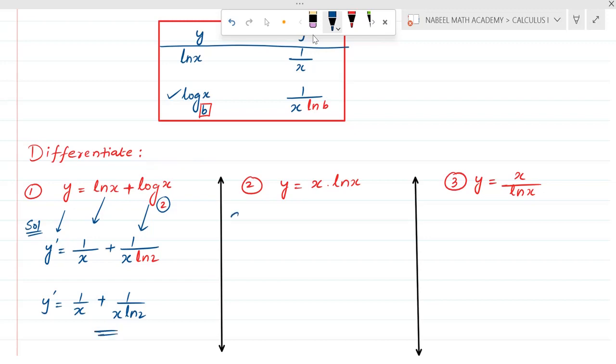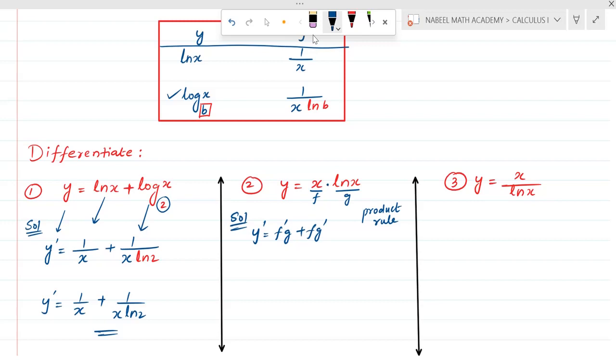Now number 2, y equals x times ln x. It is a product, so I have to use f times g, the product rule. What is the product rule? y prime equals f prime g plus f g prime.